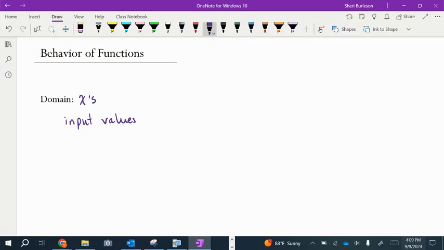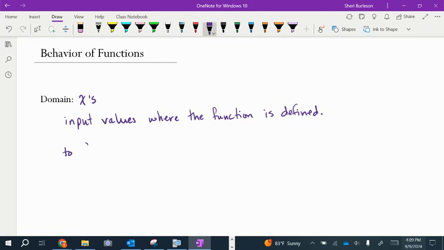Okay, but our domain is input values where the function is defined. So any values for x that you plug into the function and you get a numerical answer out. There are some functions that are not defined for all values.